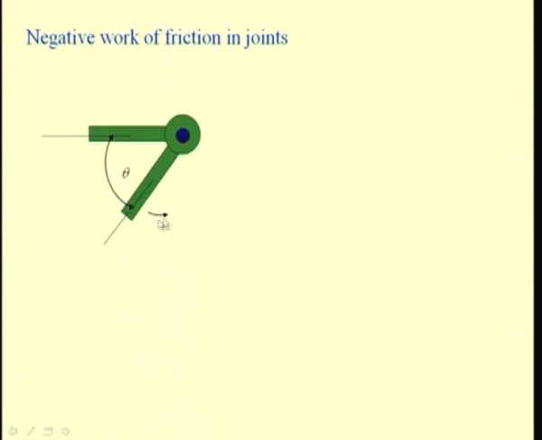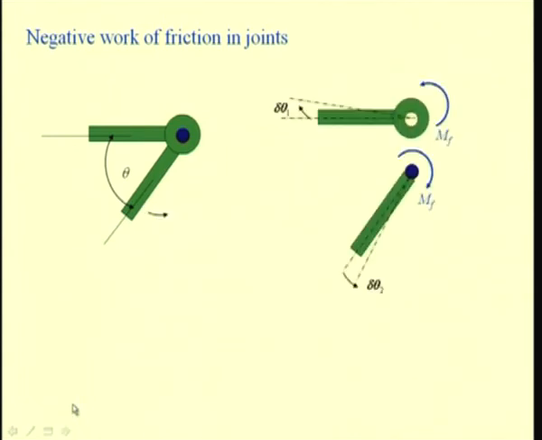So, this is the positive direction of the virtual displacement. If we are considering the effect of friction at this joint, then the moment due to this friction does the negative work when we consider this virtual displacement.